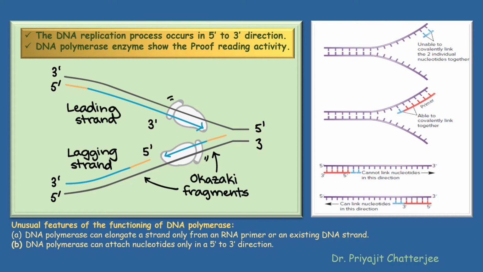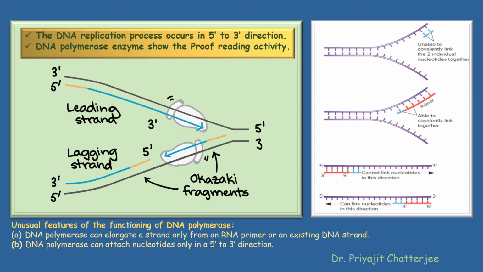It also has a 5' to 3' polymerase activity, which is required for the synthesis or adding of nucleotides. Then it also has 3' to 5' exonuclease activity, which is required for the proofreading function. So DNA polymerase 1 has all three activities: 5' to 3' polymerase activity, 5' to 3' exonuclease activity, and 3' to 5' exonuclease activity.